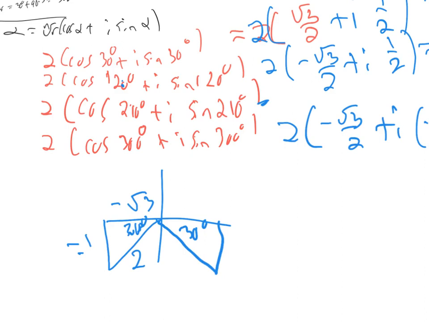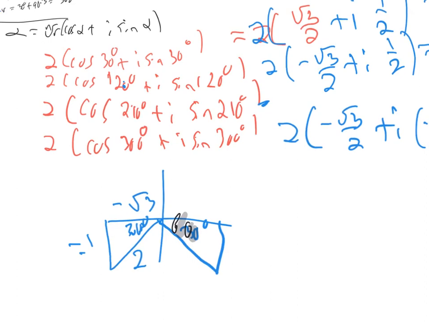My reference angle changed. It's a 60 here. Reference angle is 60. The rest were all 30s. They were all a difference of 30 degrees from the x-axis, but this one now is a difference of 60 degrees. So yeah, I almost made a mistake.